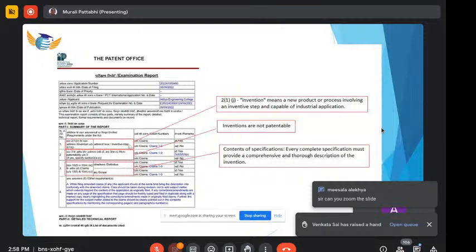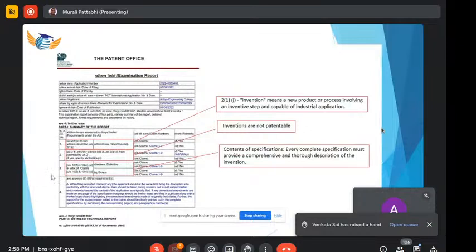In our case, for claims 1 to 9, there is a no in the remarks section, which says that the examiner feels there is no inventive step in this application for all the 9 claims. And there is even a report for non-patentability. Under section 3, claims 1 to 9 would fall. Does it have a non-patentability ground in this? Would that apply to that patent or not would be given here.